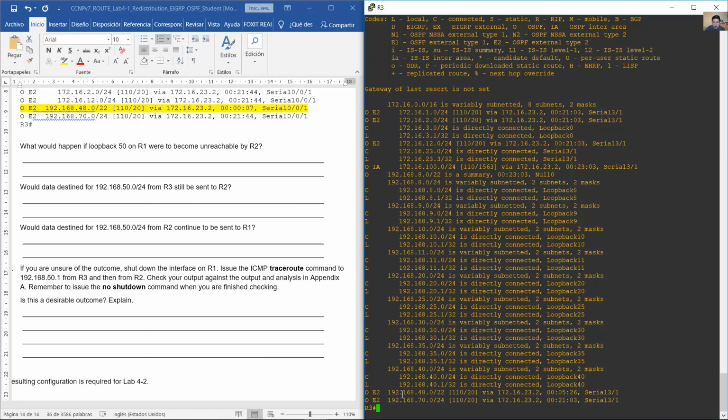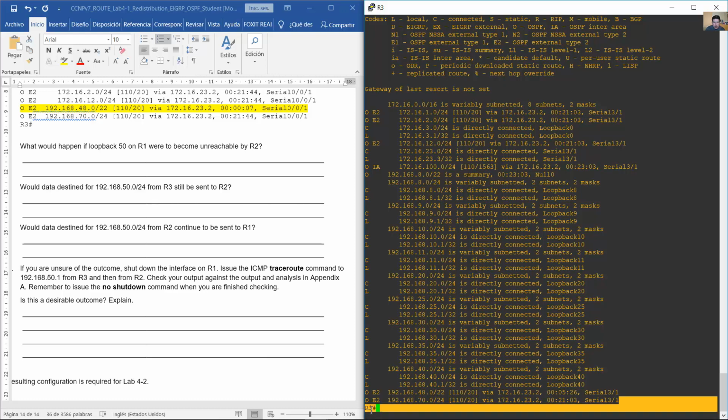But here, on this route, the 192.168.48.0/22 network, the 50.0 route is included here. The 50.0 network is included here.